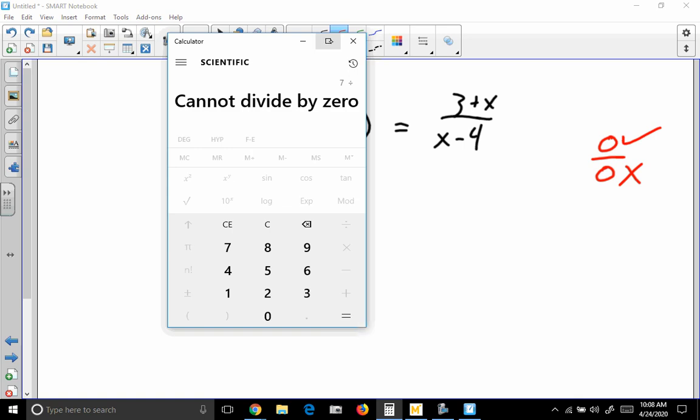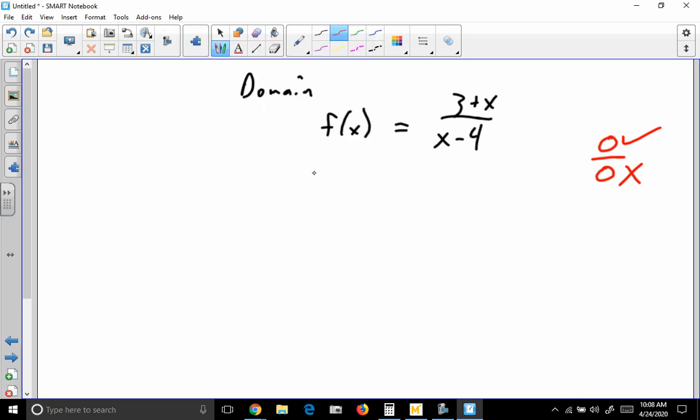That's not allowed. So any number that we plug in for x has to make the denominator something that's not 0. So we want to find out, when is the denominator 0? Because that number we can't use. Any other number is okay.